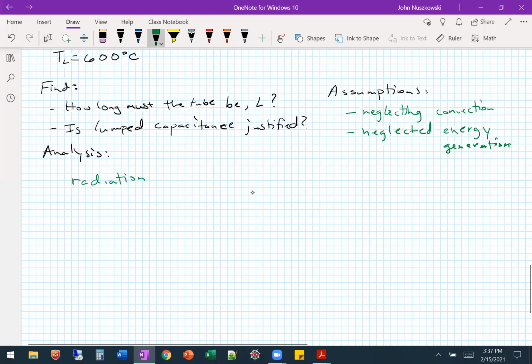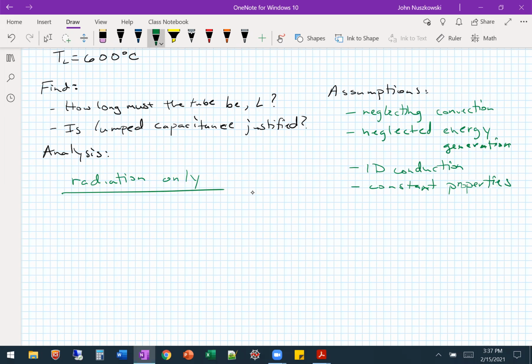All right, so we have radiation only, right? Again, we have 1D conduction, constant properties.